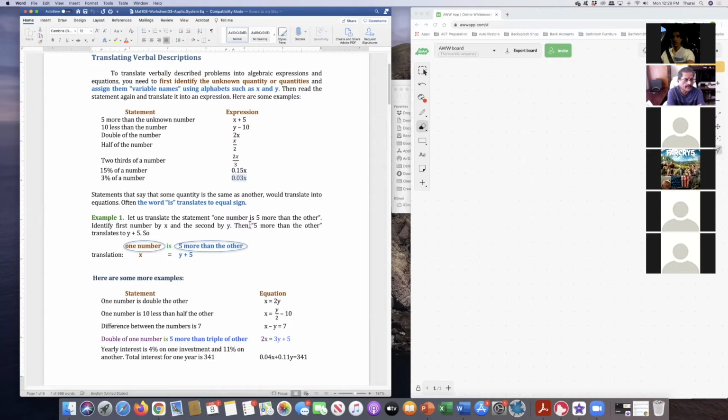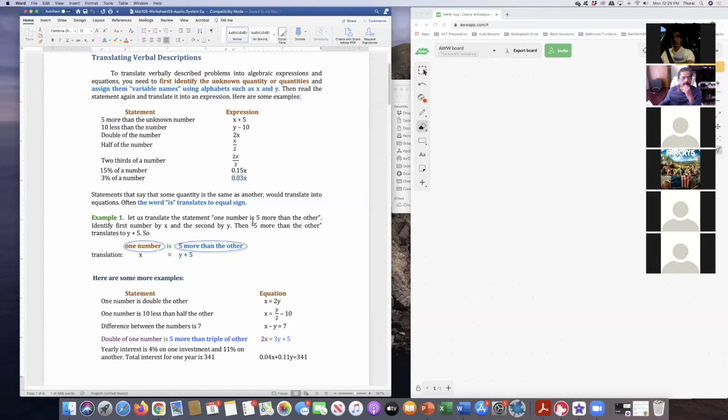The first quantity is equal to the second, so you introduce the equal sign. Usually in verbally stated problems, the word is translates to the equal sign. I'm going to show you an example.